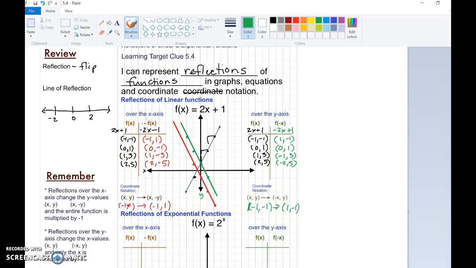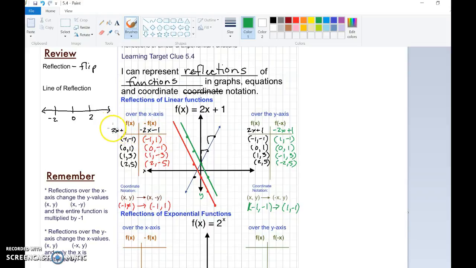Now, let me go back to the x-axis one. Both the slope of the new reflected line and the y-intercept ended up becoming the opposite of the original.